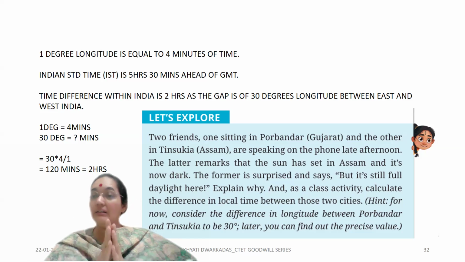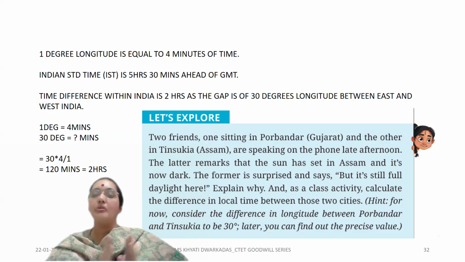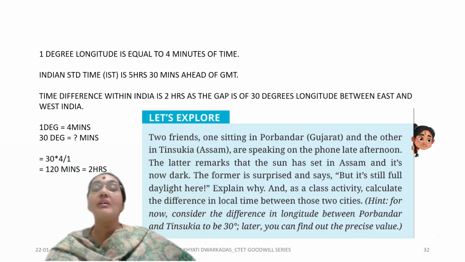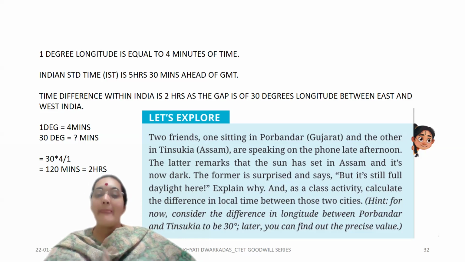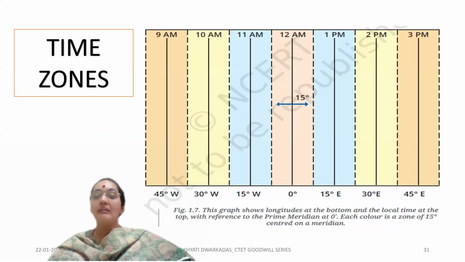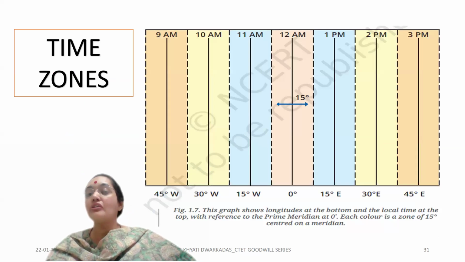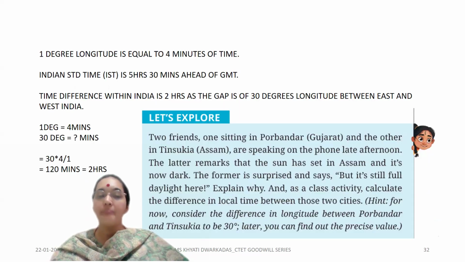In India, the distance between the westernmost point and the easternmost point is a difference of 30 degrees longitude. That means, like I showed you in this previous slide, 15 degrees longitude means 1 hour, 30 degrees longitude means 2 hours of a time gap.